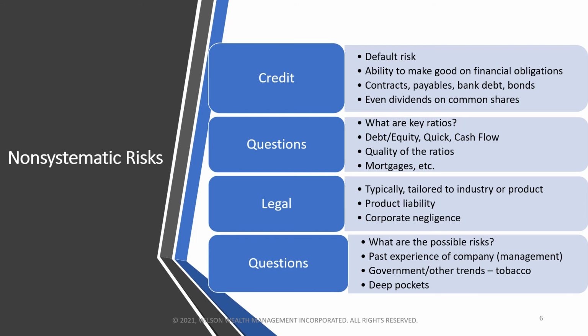Legal risk is, to me, maybe the most important other than management. Typically, legal risk is going to be tailored to an industry or product. Say product liability can be an issue, or corporate negligence. We talked a little bit earlier, we compared a mining company with a computer company or a high-tech company.